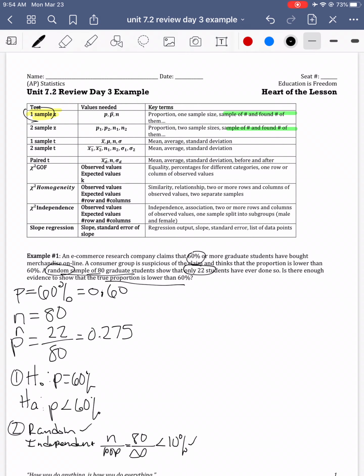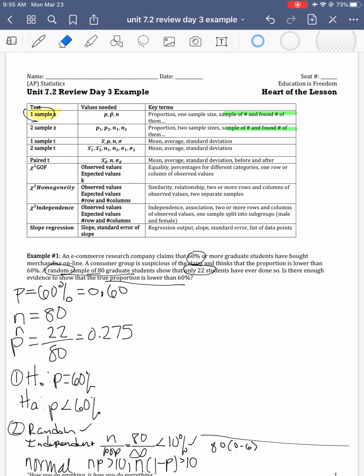So we're good there. And then lastly, our normal condition, since this is a proportion, I know that I need to do my n times p, and that has to be greater than 10, and my n times 1 minus p also has to be greater than 10. So here, my p is 60%, so let's extend this over here. So I have n is 80, then 0.6.